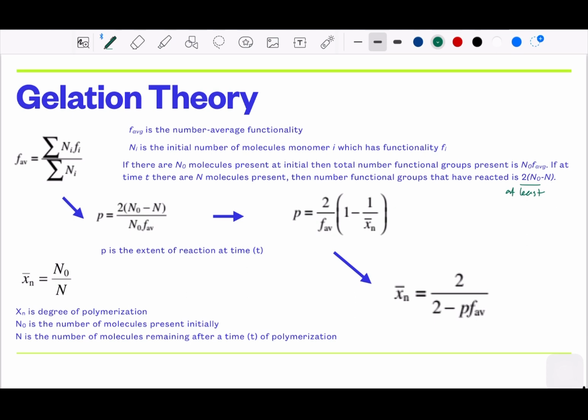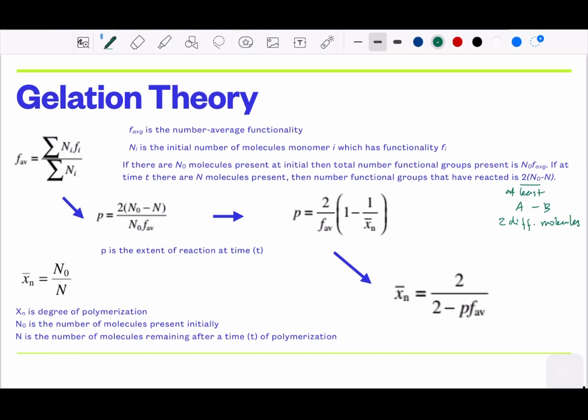This 2 is from A and B, right? Two different molecules that have the functional groups, in which the functional groups have their average.